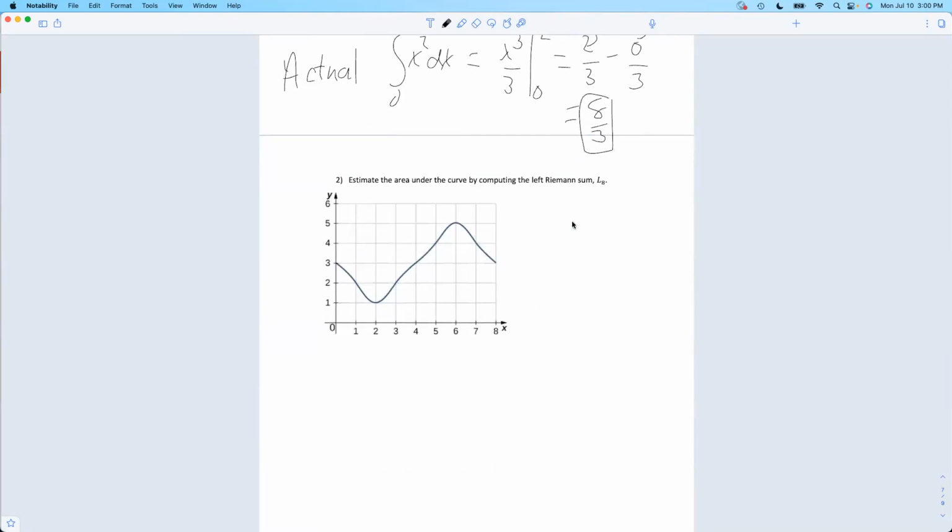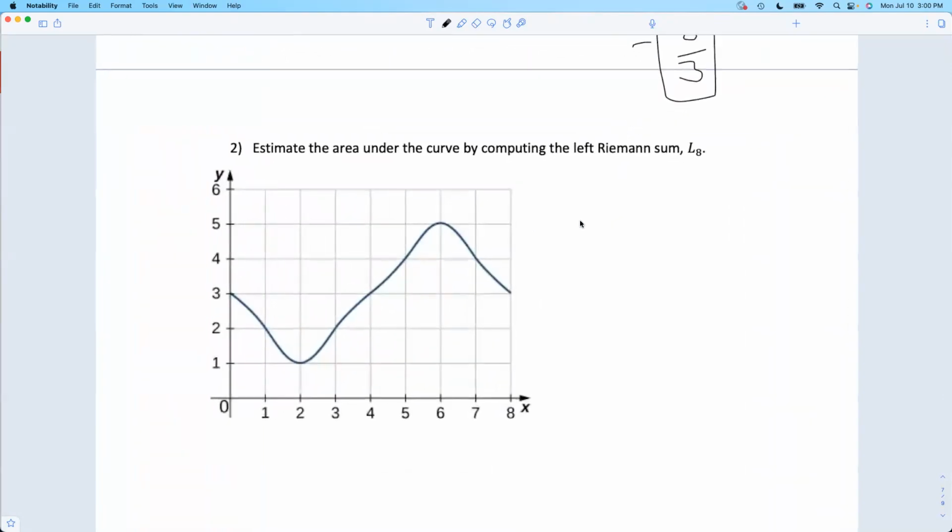Okay, let's do the same thing using a picture here. So I'm going to approximate the area under this curve by using left-hand sums. So the area will be approximately equal to the function value at each left-hand point times my delta x. And then I want to add all those up. i equals 1, 2, 8.